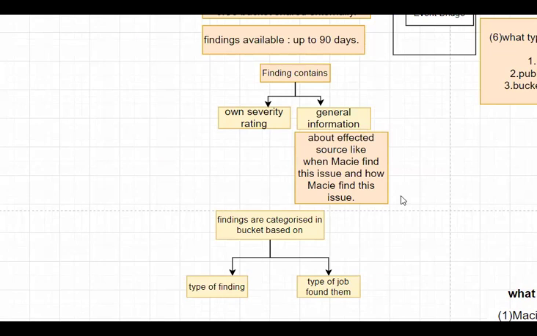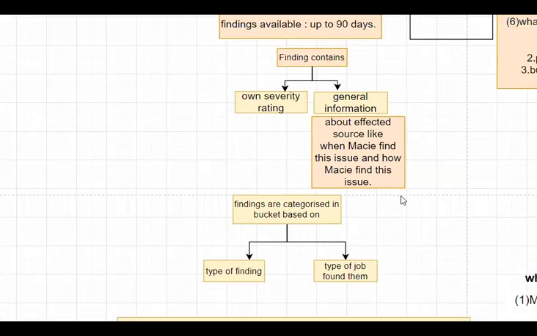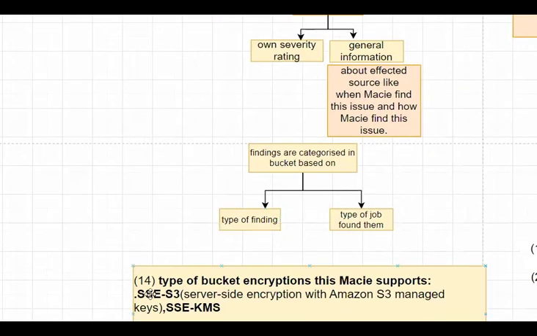Macie supports reading and analyzing some encrypted objects in S3 as well, but it supports only a few types of encryption options. It will support S3 server-side encryption and also SSE-KMS. So these two types it will support.